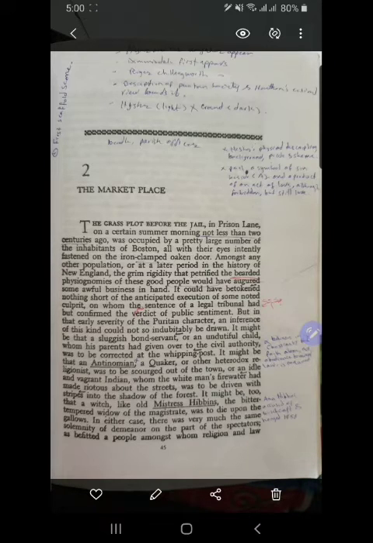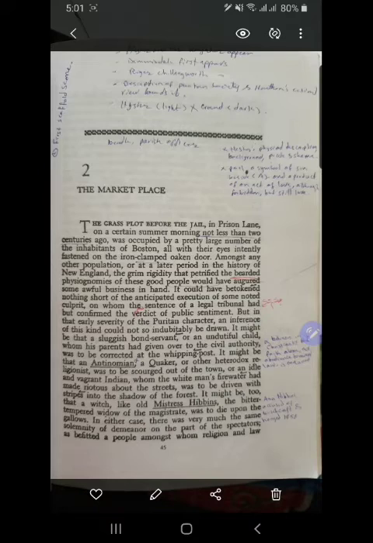So when she starts recollecting her memories, she describes her past. So the writer offers some information about Hester's past through her remembering some of the events, and in this she tells us something about her past, where she came from, who her parents are, where she used to live, who her husband is, where she lived before she came to Boston. So these are the major 4 or 5 points this chapter covers.